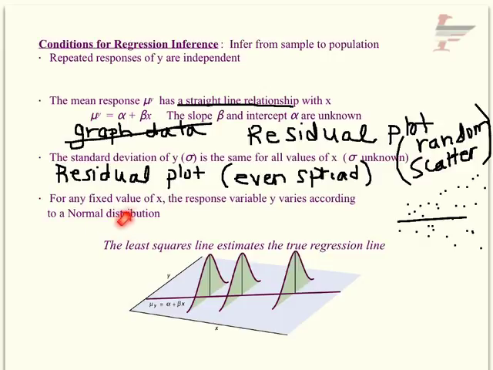Then the last check is that for any fixed value of X, the response variable Y should vary according to the normal distribution. So here, you're going to want to plot your residuals, not to be confused with doing a residual plot.